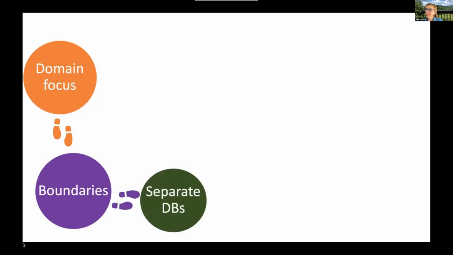Another important idea in domain-driven design is that each one of the bounded contexts, each of these bounded ideas, would have a separate database. Now, this also is a tough pill to swallow, especially when you're thinking, well, we use SQL Server and it's in the cloud, and if I have to have lots of instances of SQL Server, that's going to be really expensive.